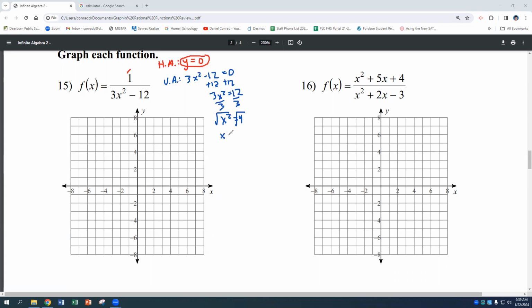We get x equals +2, sorry, x equals +2 and x equals -2, plus or minus 2. So I'm going to put vertical asymptotes at 2 and -2, and I'm going to put a horizontal asymptote at 0. It's going to look like this.